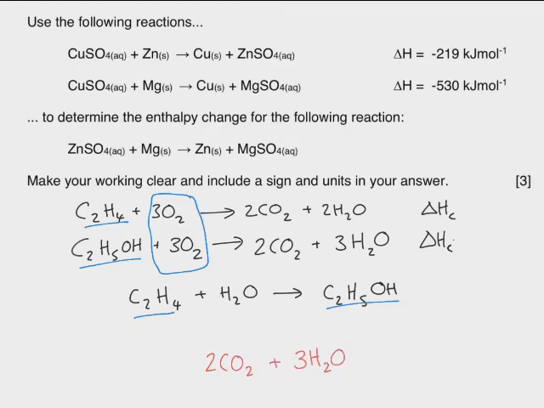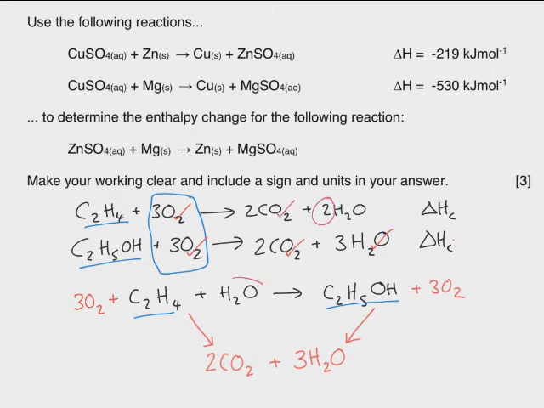So I've done the balancing for ethanol. When I add 3 moles of oxygen to ethanol, my arrow goes down because those are the products, 2 moles of carbon dioxide, 3 moles of water. I've ticked off what I've used in the equations at the top. When I add 3 moles of oxygen to ethene, I make the same thing in terms of carbon dioxide, 2 moles of carbon dioxide.